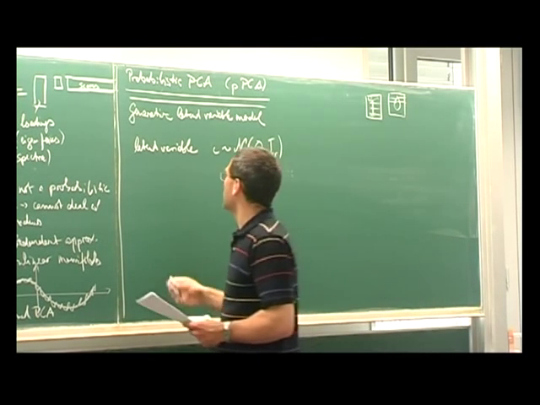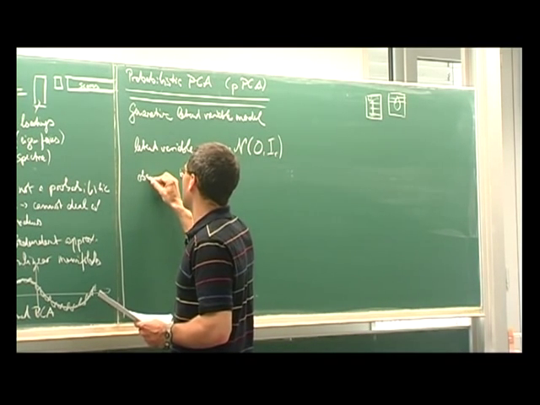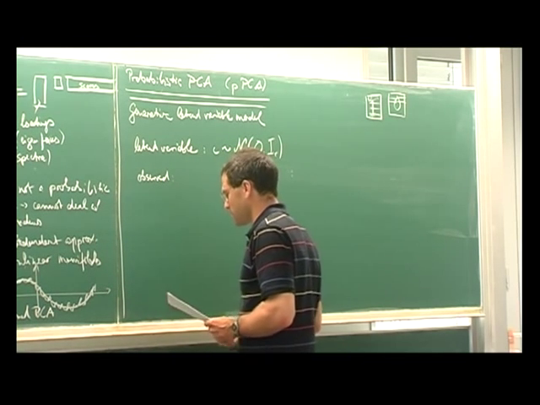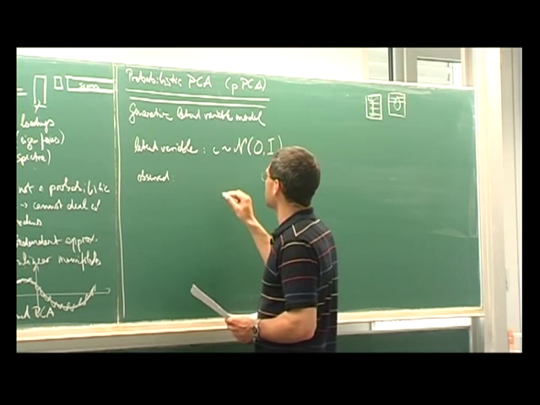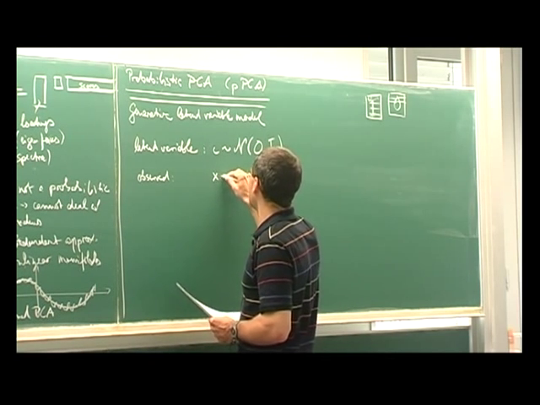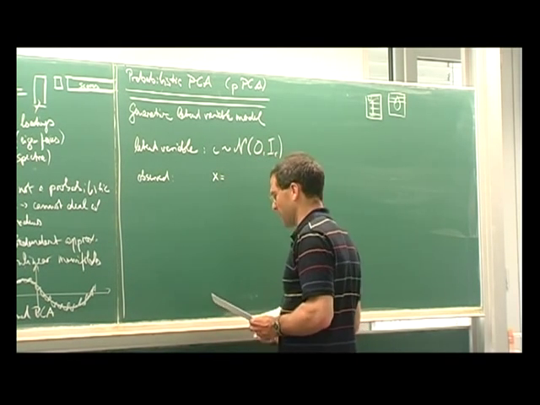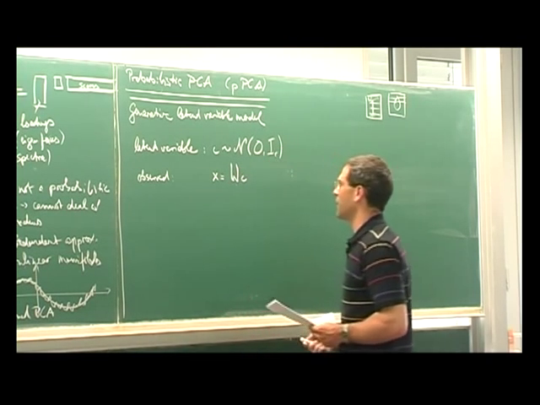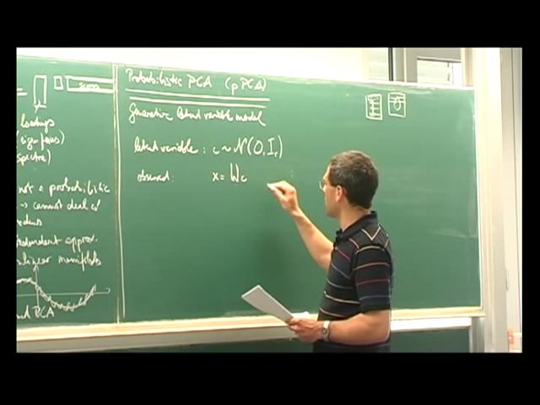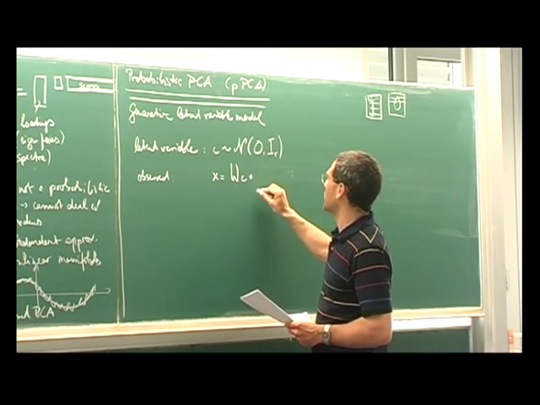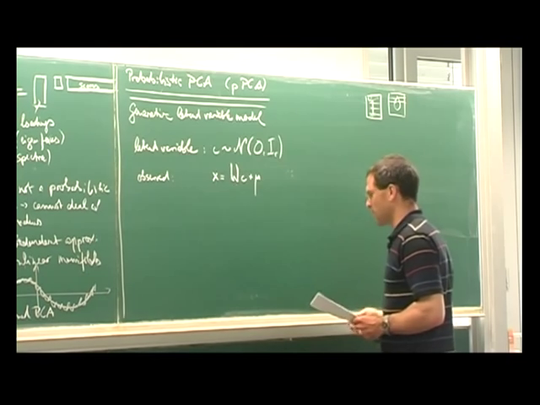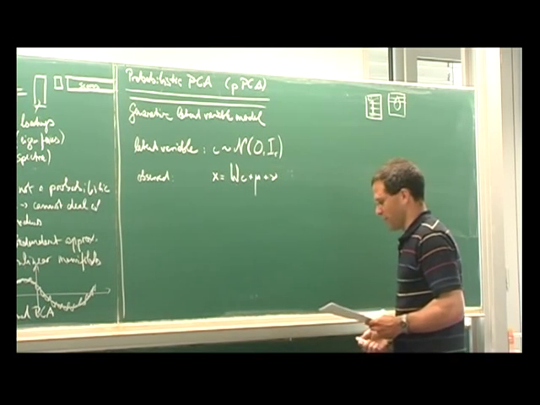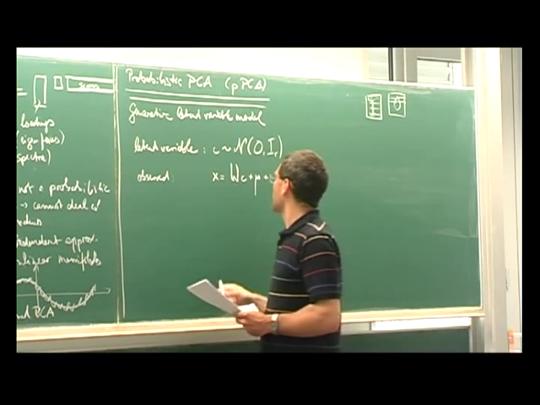And then we have the following model on how to generate observations. Namely, a new vector X will be obtained as a projection into higher dimensional space, W times C, plus a shift to some mean vector plus a little bit of noise.